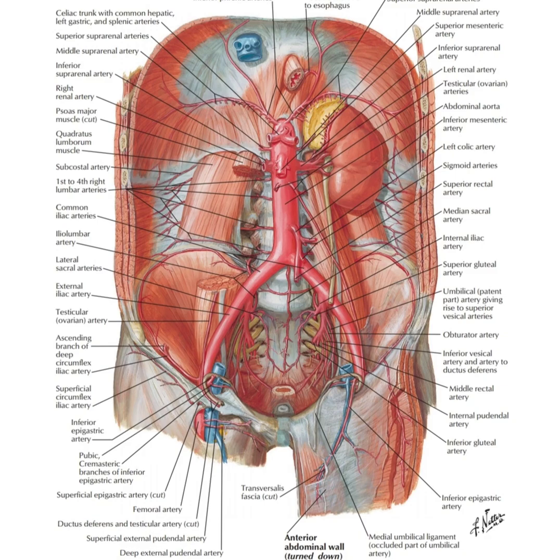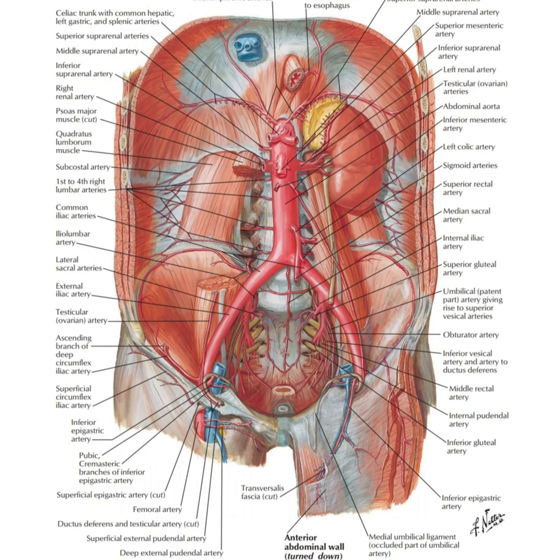There are three anterior unpaired branches which supply the abdominal viscera. One is the celiac trunk, which arises from the level of T12. Another one is the superior mesenteric artery, which arises from the level of L1, and another one is the inferior mesenteric artery, which arises from the level of L3.